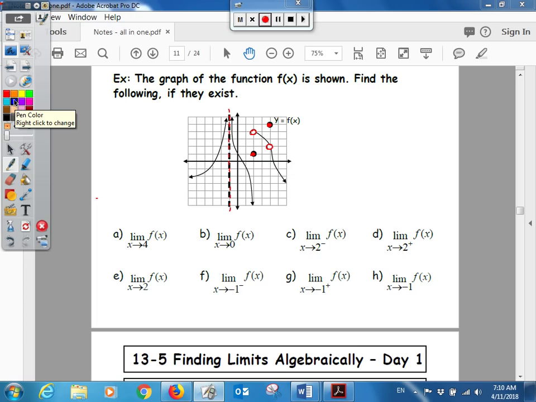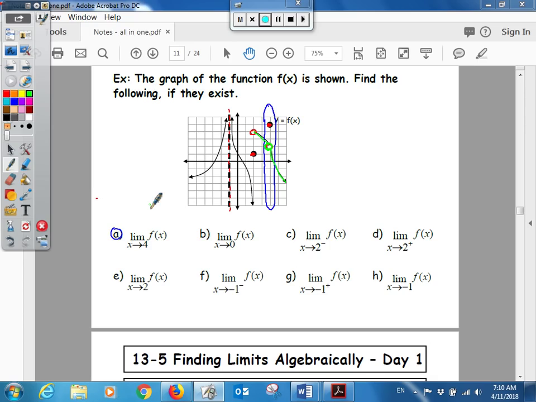For A, as x is approaching 4, what's the y value approaching? Find my 4: 1, 2, 3, 4. Here is where x is equal to 4. Following the function from the left and from the right, both are approaching where that hole is.